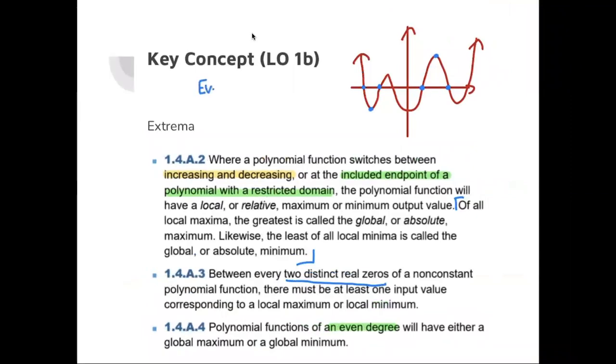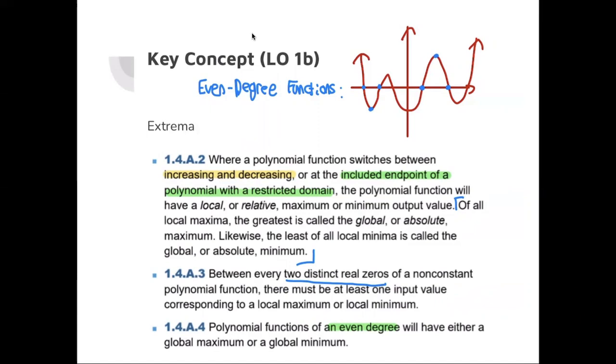So, even degree functions. I hope you guys learned this in Algebra 2 or Algebra 1. But even degree functions are where the highest degree is an even number. Something like x to the power of 2. This is an even function. x to the power of 100. This is also an even degree function. One characteristic of an even degree function is its end behavior.